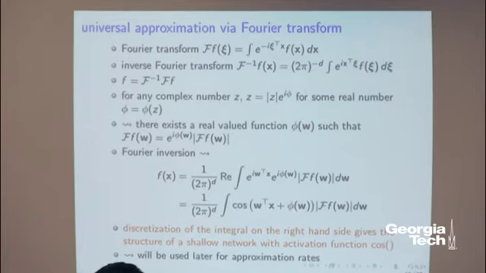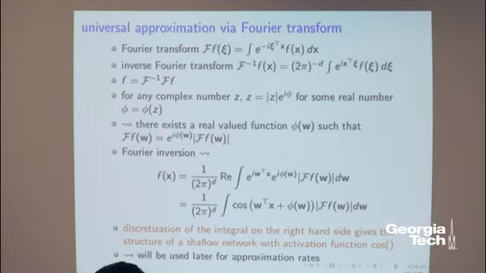Another thing you can do is, for a complex number, you can decompose it into the absolute value and the phase, and then you have a representation of this form. And so you can write the Fourier transform as the absolute value times the phase.